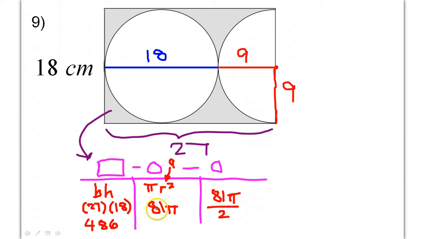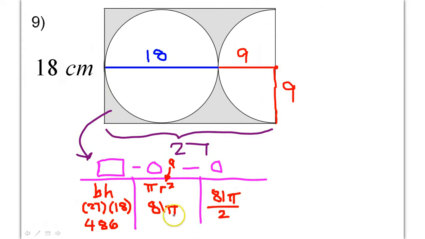Okay, that's how I got the 81, because 9 squared. So that's the 81 pi. So that's the whole circle. So then the half circle is just la mitad, so over 2. That makes sense? Okay, is everybody with me now?